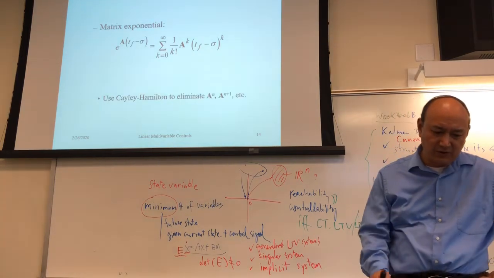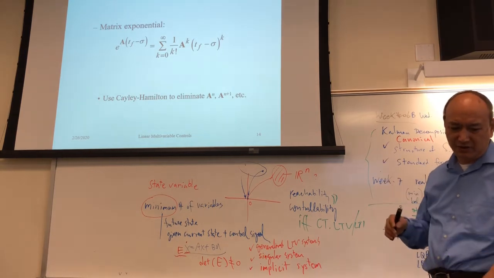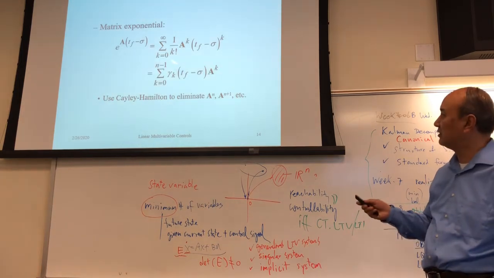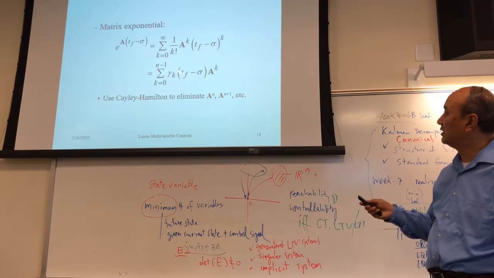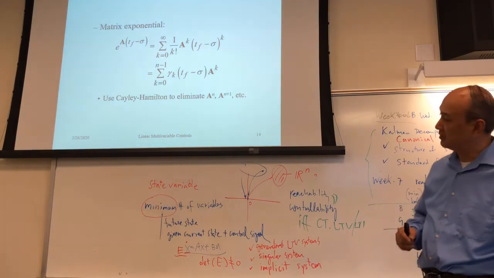So using Cayley-Hamilton to eliminate A^n, because everything above n will be 0. So therefore, what you have is the coefficient gamma k. This is to the power of A^k, so this is also k. This is also k here.